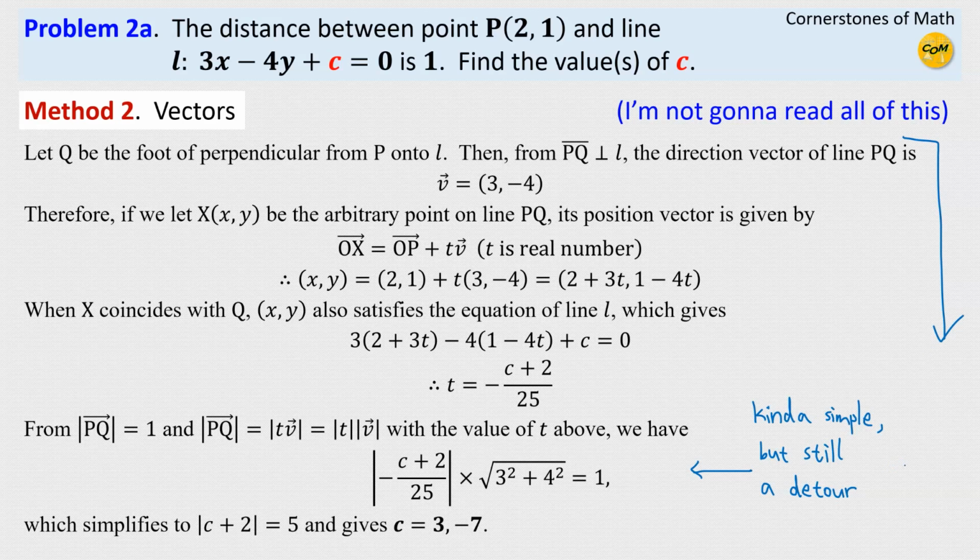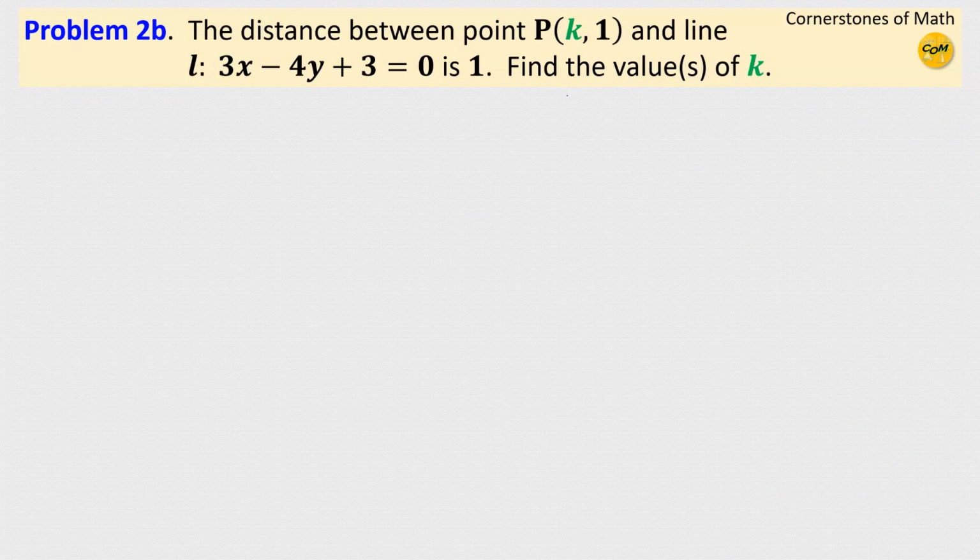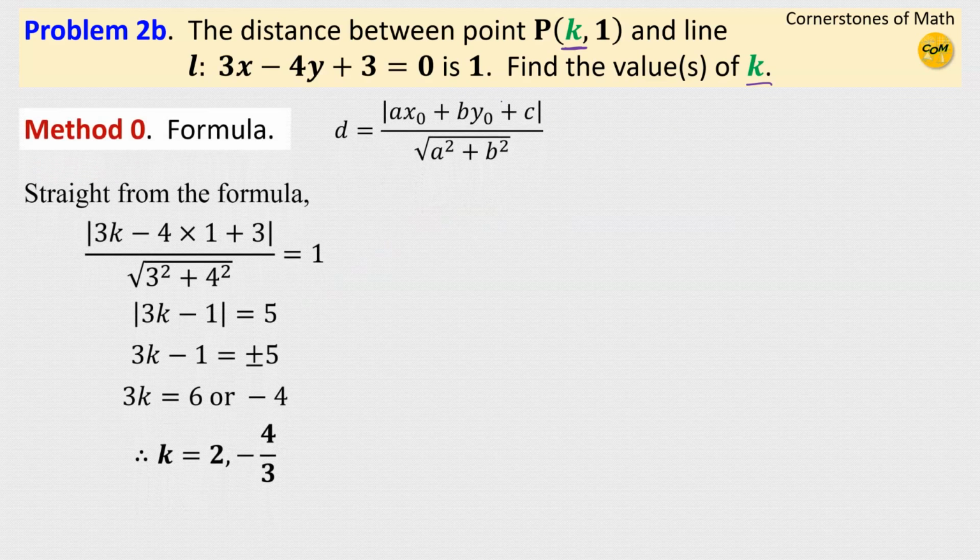And this is just the beginning of the bigger problems. Consider this problem, where now we have an unknown variable k as the x-coordinate of the point, and we have to find the value of k using the given distance condition. If you use the formula, you'll notice that the equation you need to solve and the overall process remains rather simple.